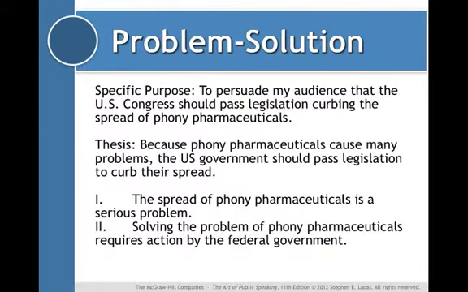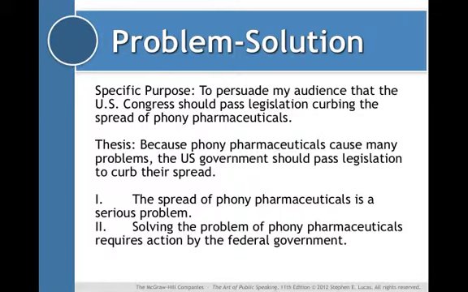The first one is problem solution. Now, this is a very simple structure. The body of the speech has 2 main points. One main point deals with the problem, and the second main point deals with the solution to the problem. The first main point shows the need for a new policy by proving the existence of a serious problem. In this example, the speaker needs to show the problem is serious enough that something needs to be done about phony pharmaceuticals.